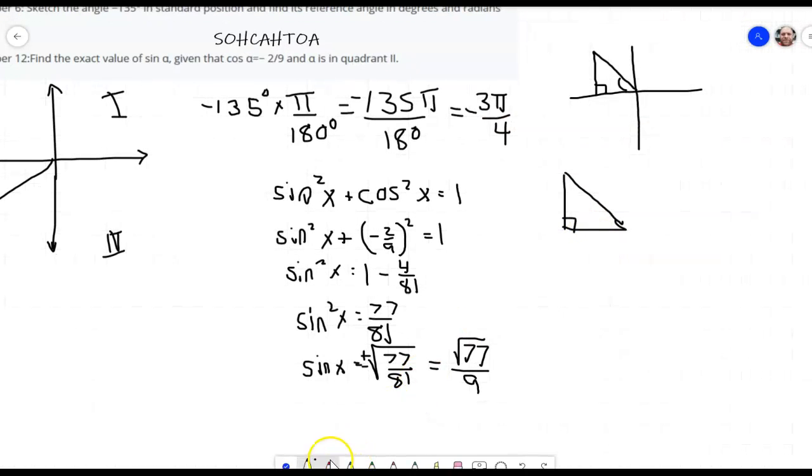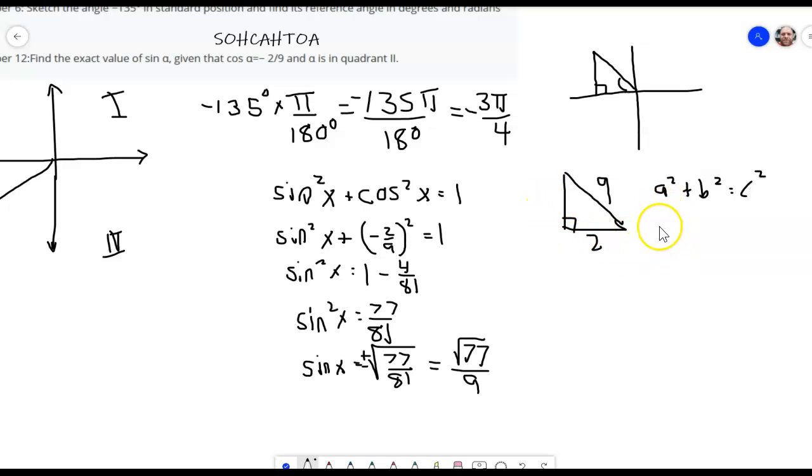Let me put it back on pen. The adjacent side to the angle from the origin over the hypotenuse, which would be the longest side, the side opposite my right angle here. And once I do that, I can easily find my last side just by using the Pythagorean theorem, right? A squared plus B squared is equal to C squared, where C is the hypotenuse. This is one of my legs, and this is my third leg.